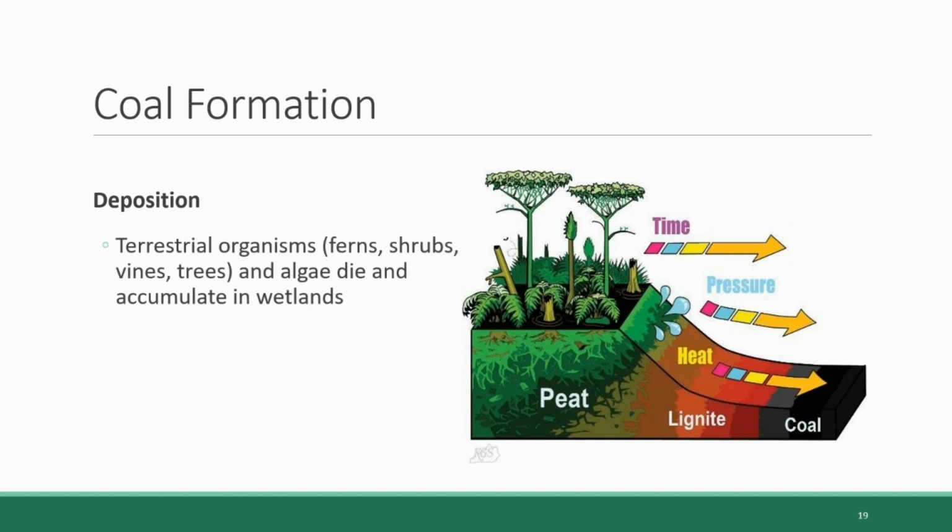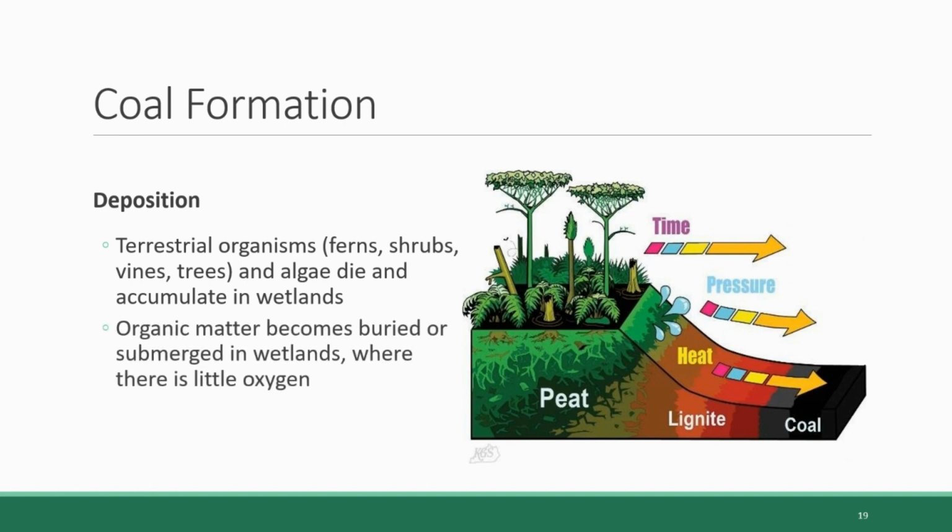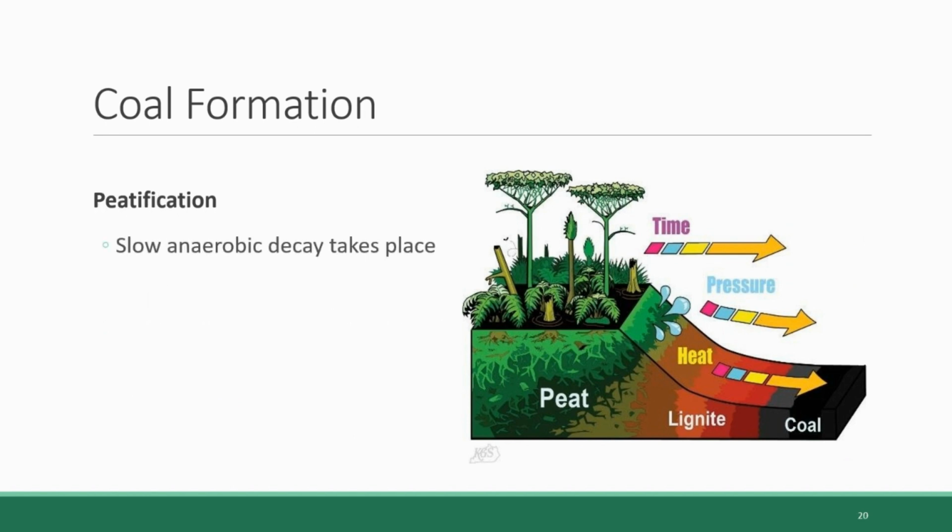So the deposition of coal occurs when terrestrial organisms, including ferns, shrubs, vines, and trees, die and accumulate in wetlands alongside algae that grow in these wetlands with the larger terrestrial organisms. And then the dead organisms become buried or submerged in the wetlands, where there is, again, little oxygen available to drive their decomposition. And so a very slow anaerobic decay takes place.